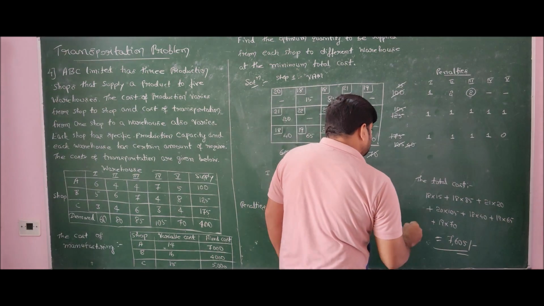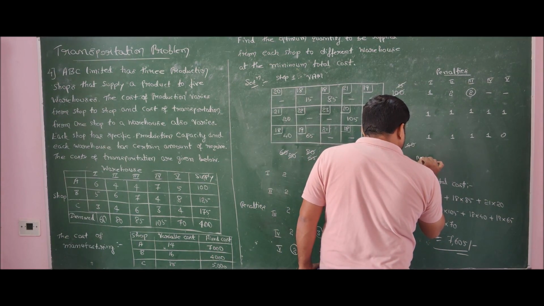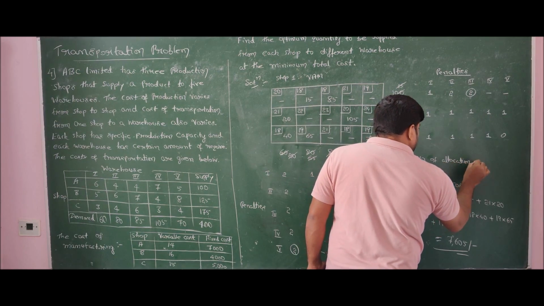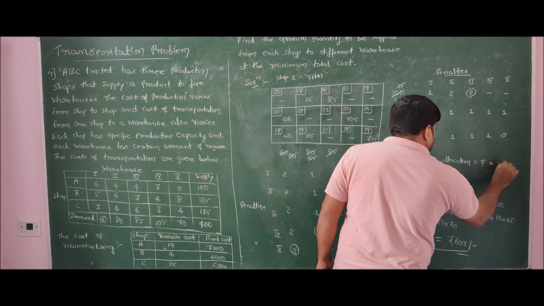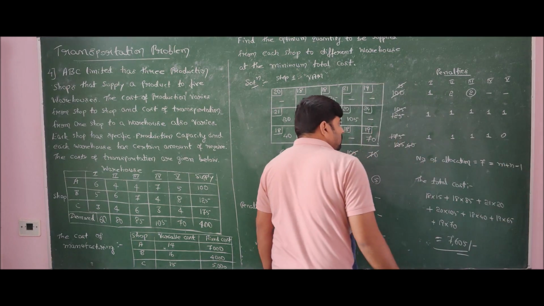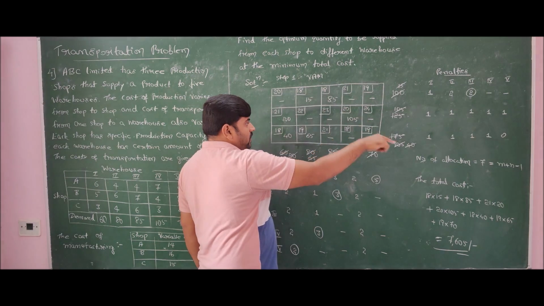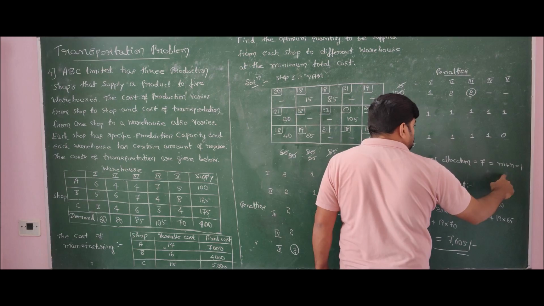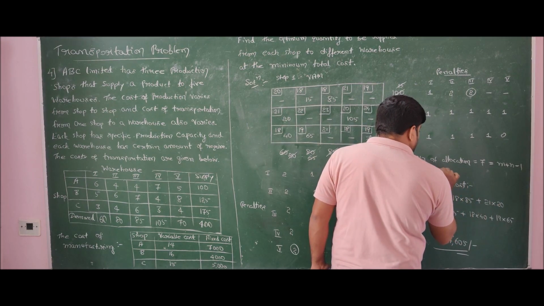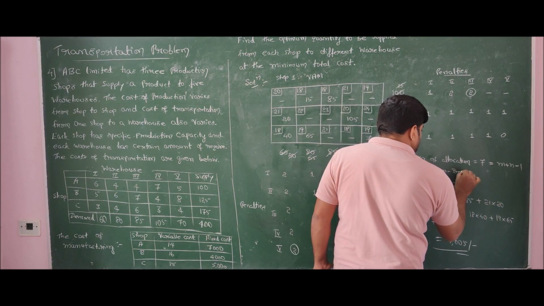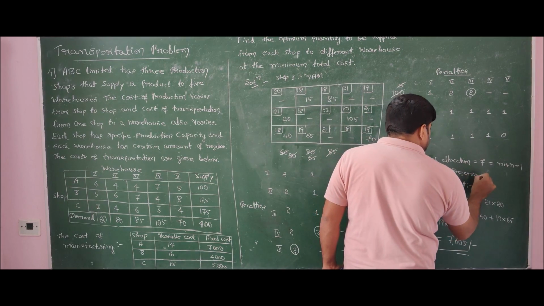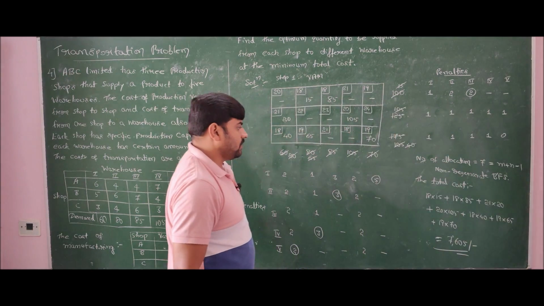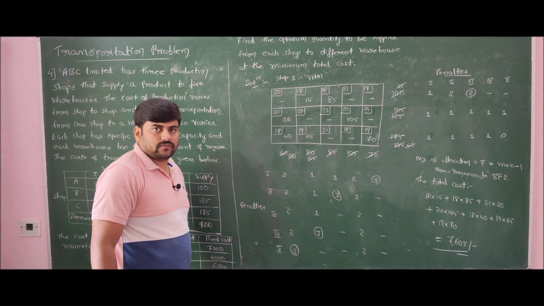So since the number of allocations is equal to 7, which is equal to m plus n minus 1, that is 3 plus 5 minus 1, which is also 7, this is a non-degenerate basic feasible solution, and the total cost is found to be 7,605.